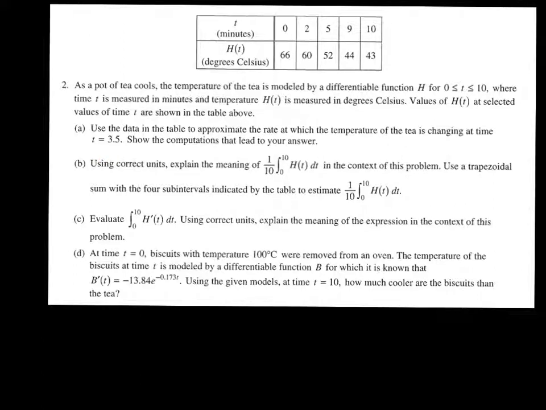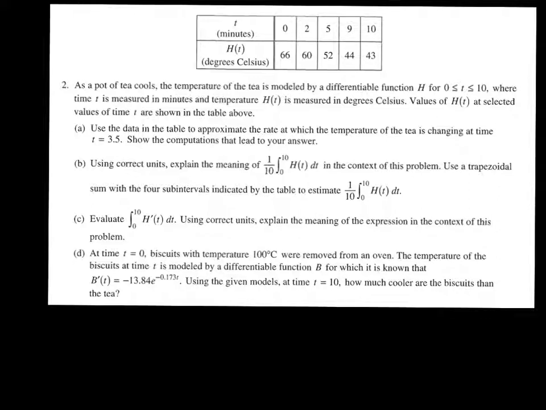This is something I've noticed happening quite a bit on the AP exam. There were times when they would say, "Want to know how it's changing at t equals 5," but in this case it's 3.5. So you're just looking at a time that is between the 2 and the 5. Again, this is very similar to a problem that we did in class on Thursday.